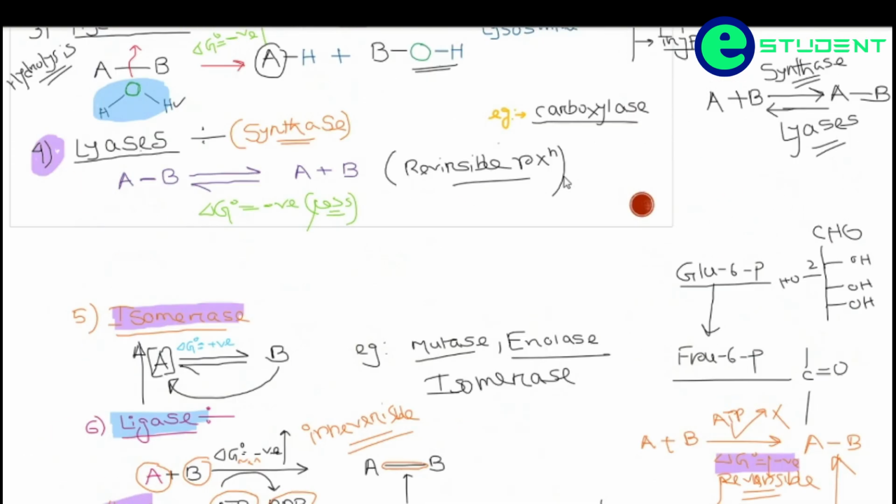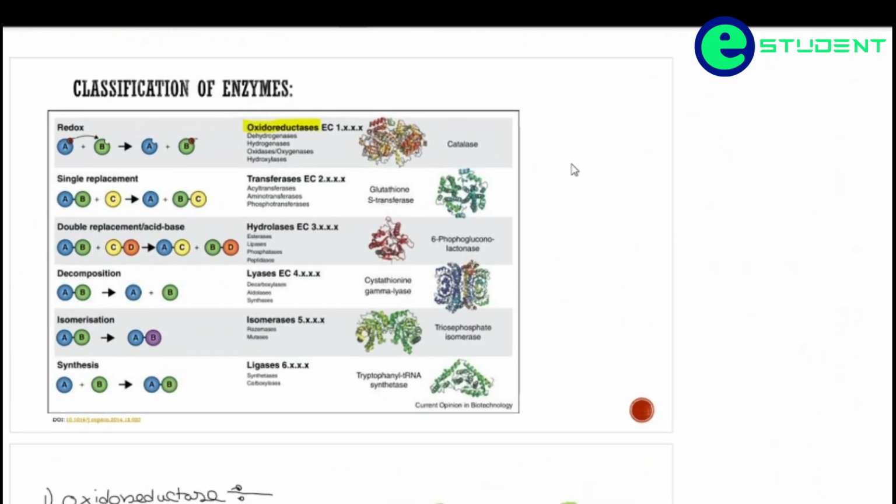Now coming to the first slide, we have to remember all the enzymes according to their arrangement in this list, because according to this arrangement they have an EC number. Like oxidoreductase is first in this list, so the EC number of oxidoreductase is 1, and the enzyme class number of transferase is 2, like that hydrolase has 3, lyase has 4, isomerase has 5, and ligase has 6.